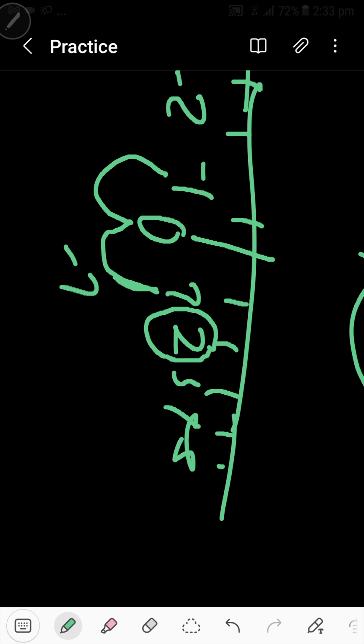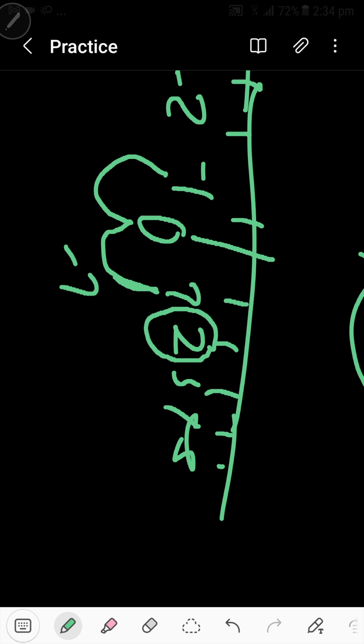When we say 0 here, 1, 2, 3, 4, 5 are all negative, then 1, 2, 3, 4, 5.